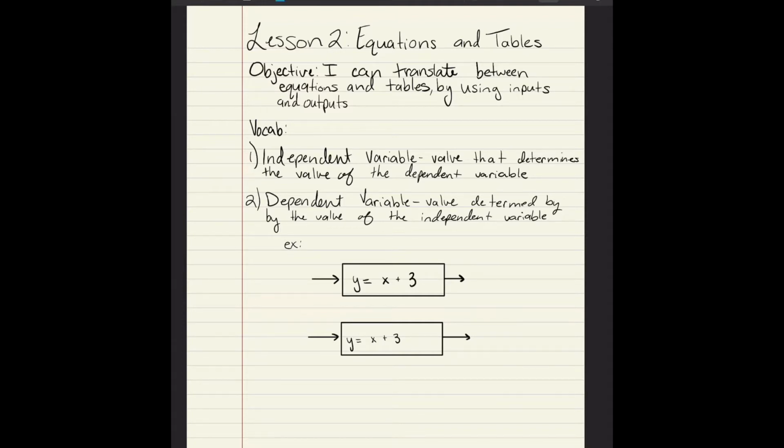And our vocab is going over the vocab from 9.1, which was independent variable, which is the value that determines the value of a dependent variable. And then a dependent variable, which is the value determined by the value of an independent variable.